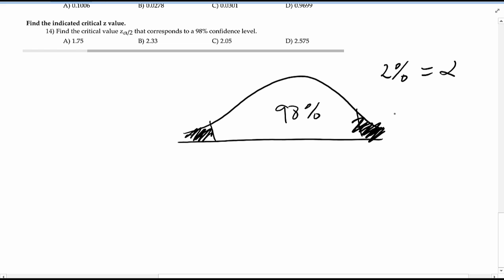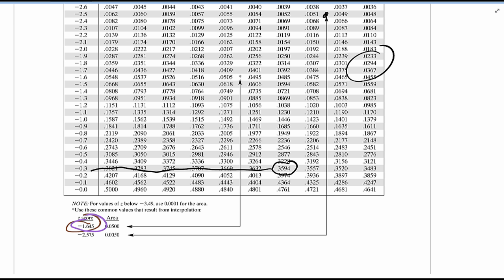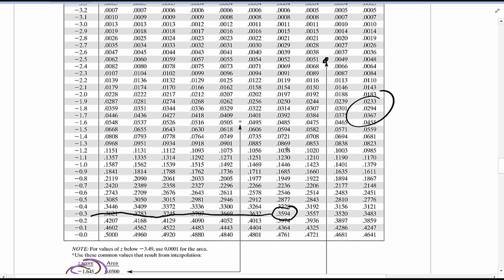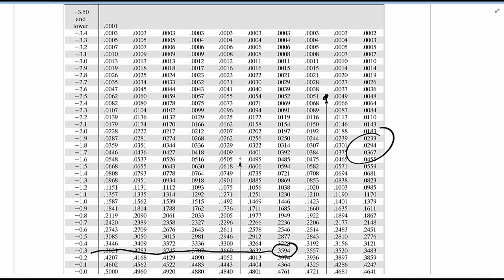Now you see this alpha over 2, because if I divide that alpha by 2, this gives me this one tail, which is 1%, or 0.01. And that's what I'm going to look for in the negative table. So if I go to the negative table and try to find an area of 0.01, let's see what I get. 0.01 right here.